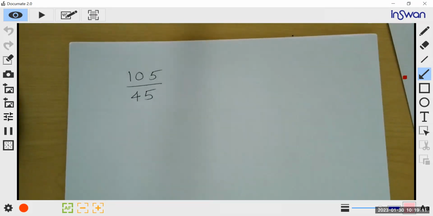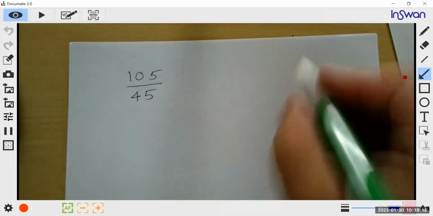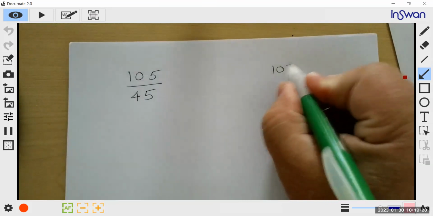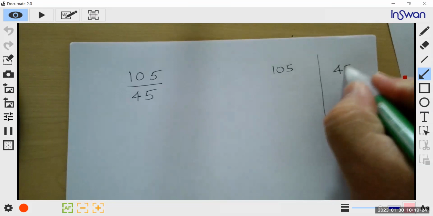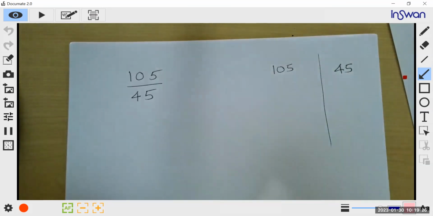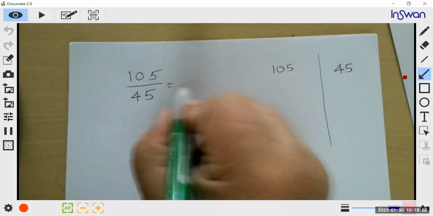That's an improper fraction. But before you do anything with it, simplify it. Prime factorizing.